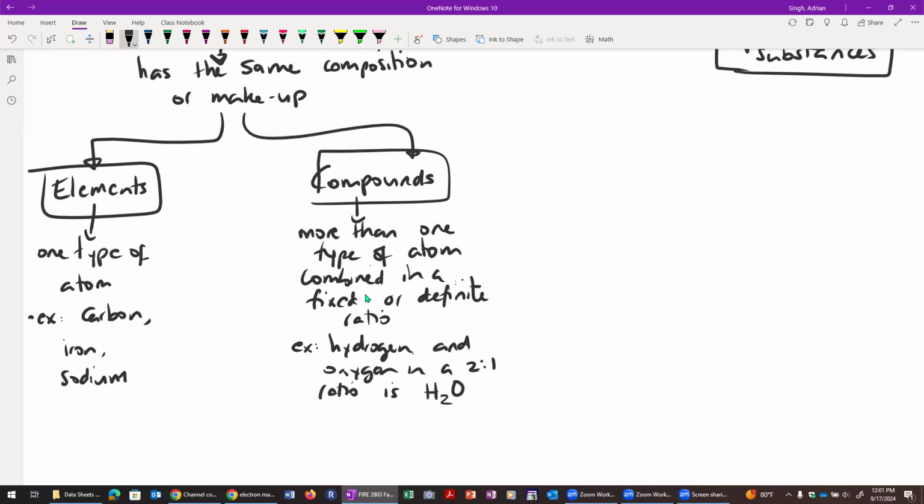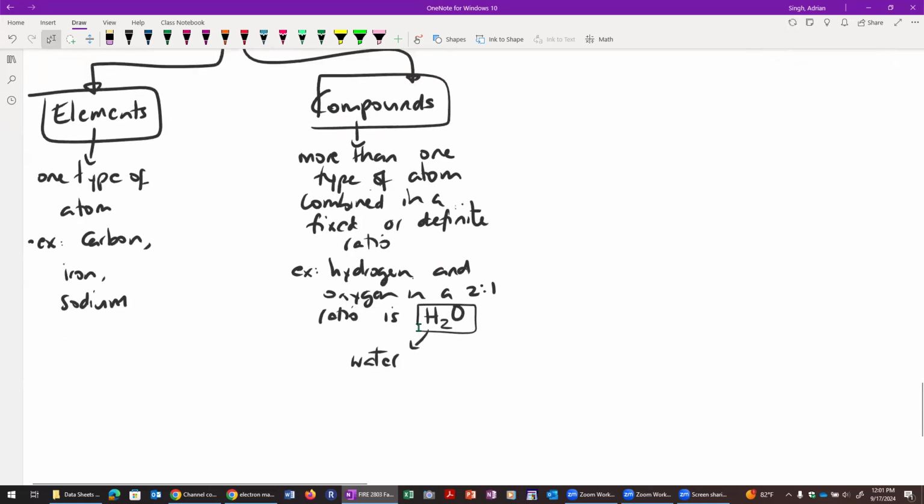We don't usually put the 1 in, it's understood. H2O, and you probably know that is nothing more than water. So in this case, we have two different atoms, two different elements in that fixed ratio to give us H2O, right? That's a compound. That's a special type of compound. It's called a covalent compound.